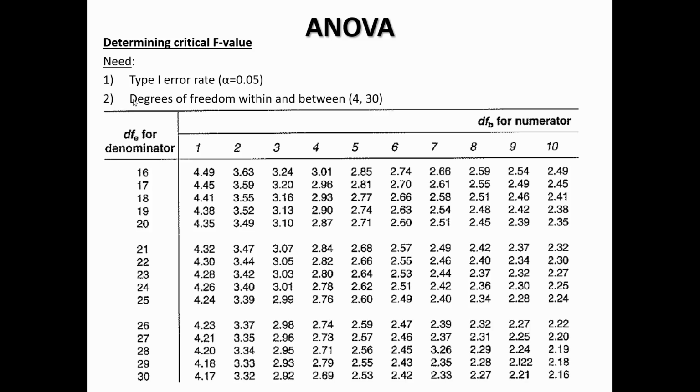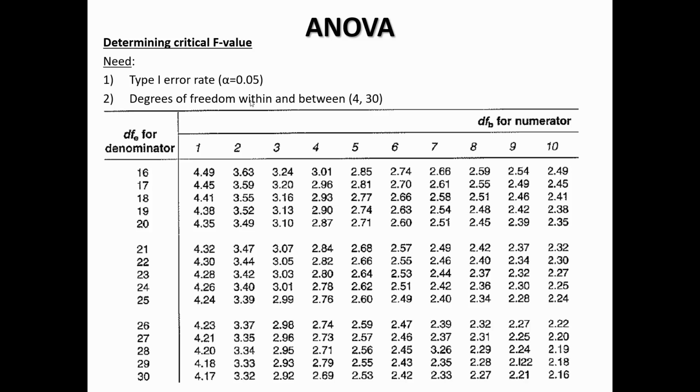And the second item that we need is the sample size and the number of groups, and then once we know the overall sample size and the number of groups, we can calculate the degrees of freedom as outlined on slide number 12.